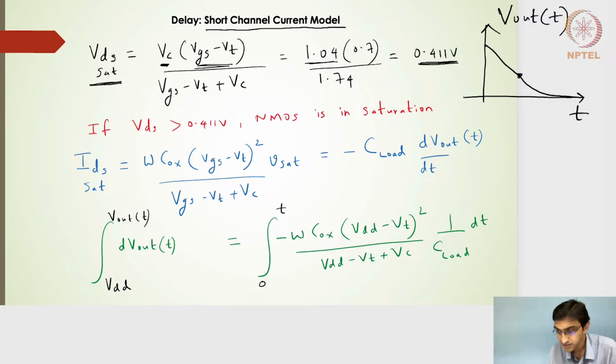In the long channel model, this point was 0.7 volts. But here it will be 0.411 volts, starting from 1 volt.